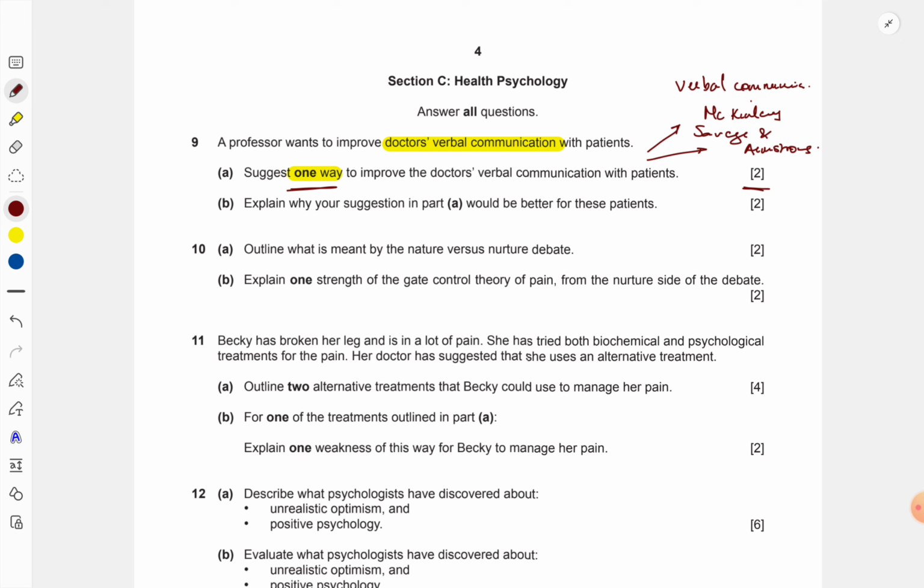Also, one question students frequently ask is, do we have to only quote from a study or can we write from the general theory on verbal communication? Any suggestion? Yes, you can give a suggestion from any theory as such. You don't have to give from a study. But if you see the next part of the question, explain why your suggestion would be better for these patients.